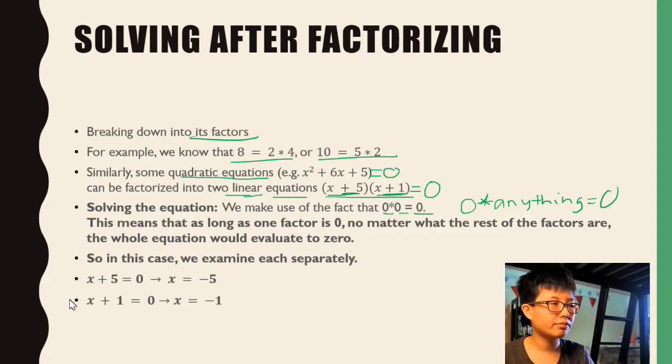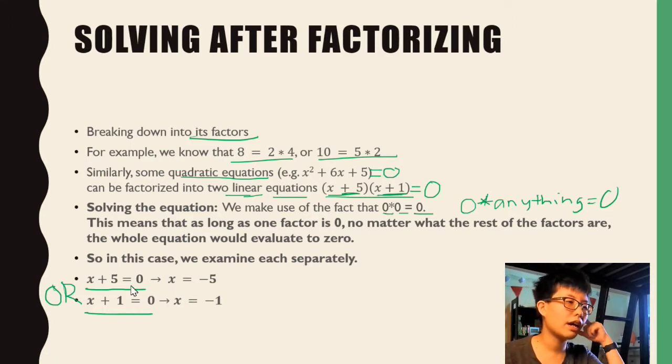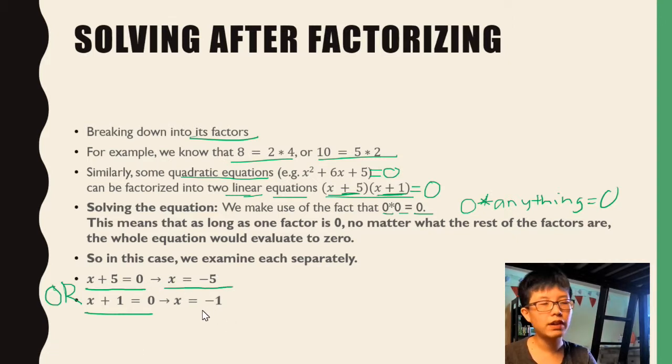So from there, you can't just leave it like that, you have to make x a subject. So we say our final answer is x equals to minus 5 or x equals to minus 1. So that's how you do solving.